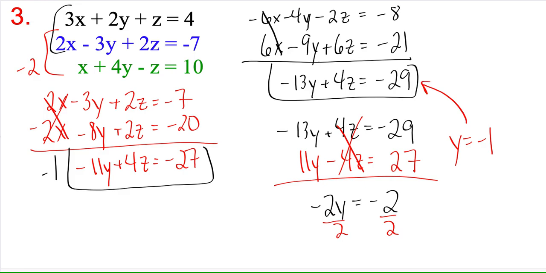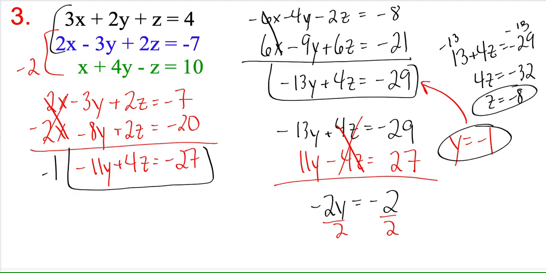So that'll make it a positive 13 plus 4z equals negative 29. Simplify here, so move the 13 to the left. All right. So we got 4z equals negative 32. z equals negative 8.